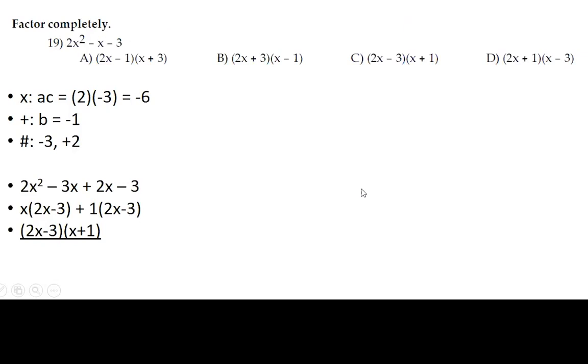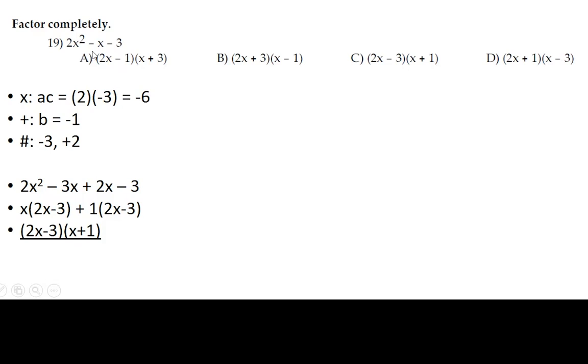Number 19, we want to factor 2x squared minus x minus 3. This time we have to go about it a little bit differently. Since it's a 2x squared polynomial, our multiplication goal isn't just c, it's a times c. And a times c is 2 times negative 3, which is negative 6.